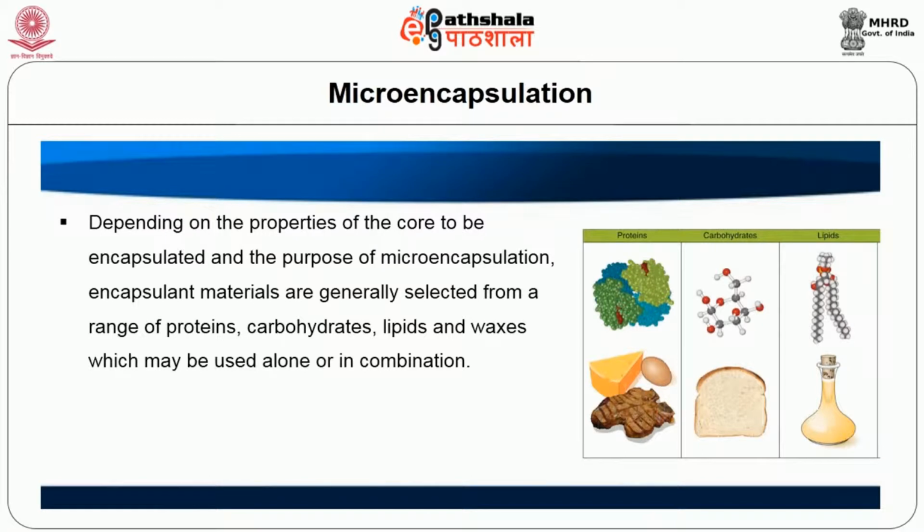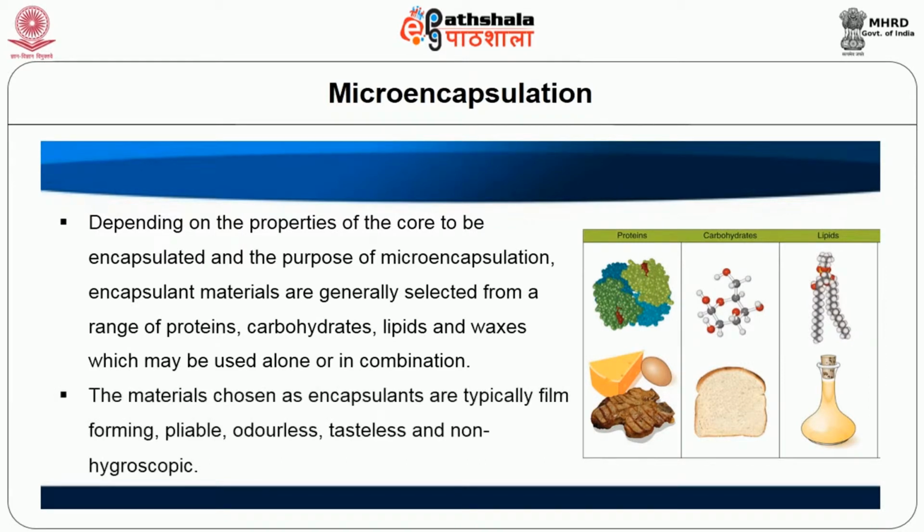Depending on the properties of the core to be encapsulated and the purpose of microencapsulation, encapsulant materials are generally selected from a range of proteins, carbohydrates, lipids and waxes, which may be used alone or in combination. The materials chosen as encapsulants are typically film forming, pliable, odorless, tasteless and non-hygroscopic.